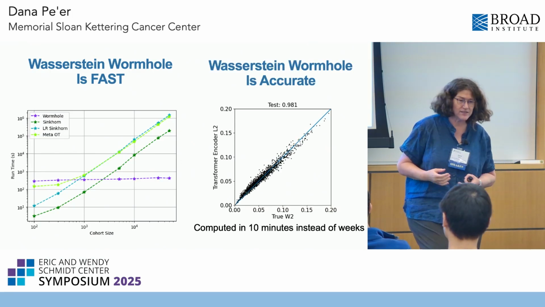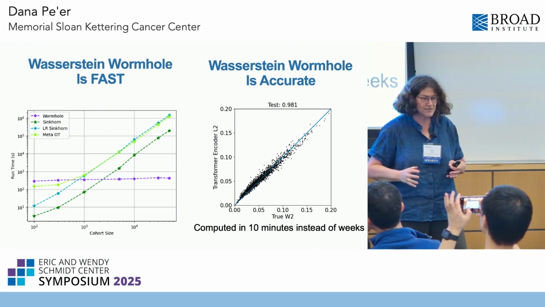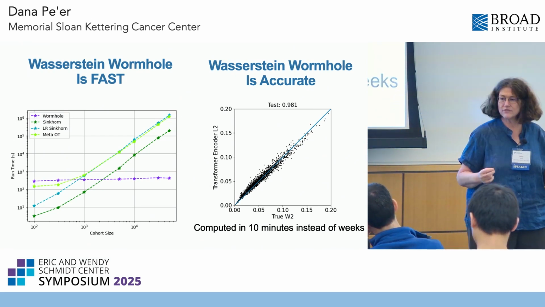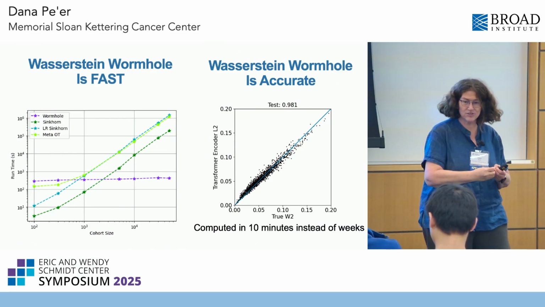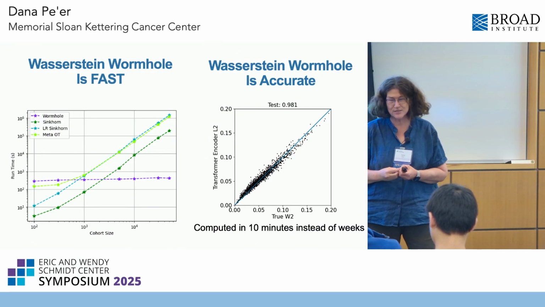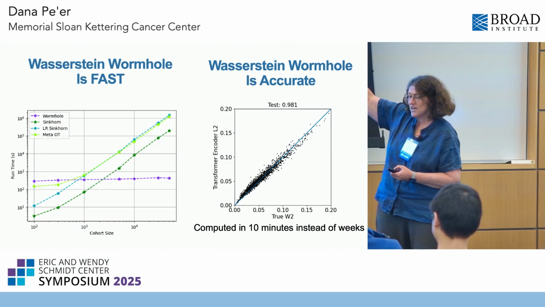So once I've trained it on some pairs and I have a latent, and if it works, then I can now take any pair of cells and compute their distance in L2, which is very quick. And if the latent is good, it will match optimal transport distance. And again, we actually ran this.